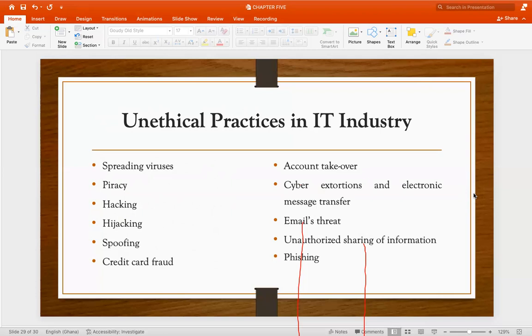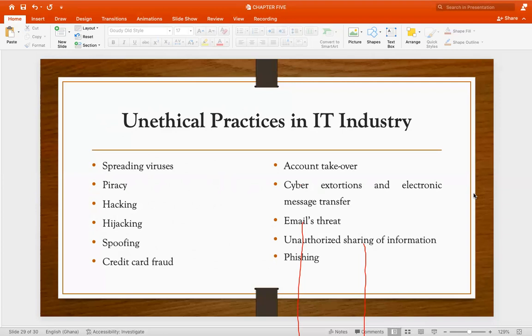Piracy, because now you cannot have the informational property rights. You were looking at that as an ethical issue and a dilemma, and then now piracy in there. People, when you do it this way, come in, pirate your things, and you don't even get anything out of it. Hijacking, hacking of your systems, spoofing.